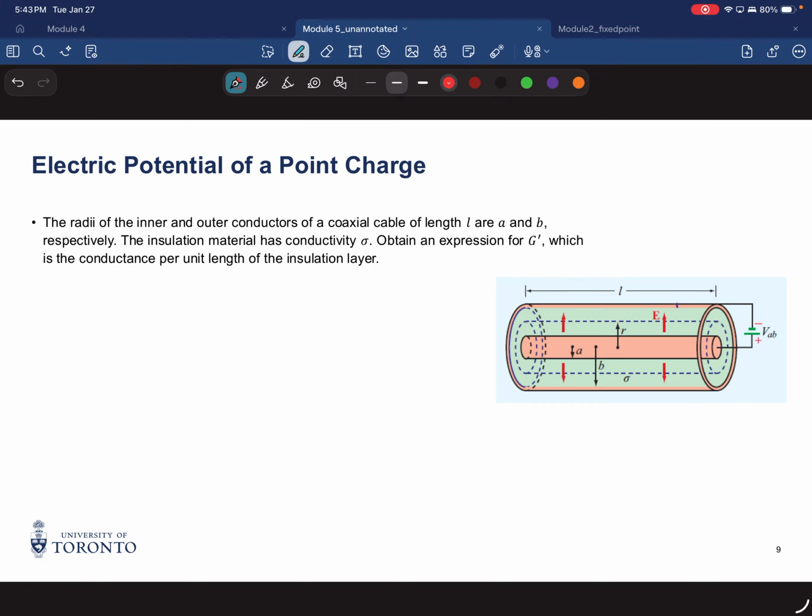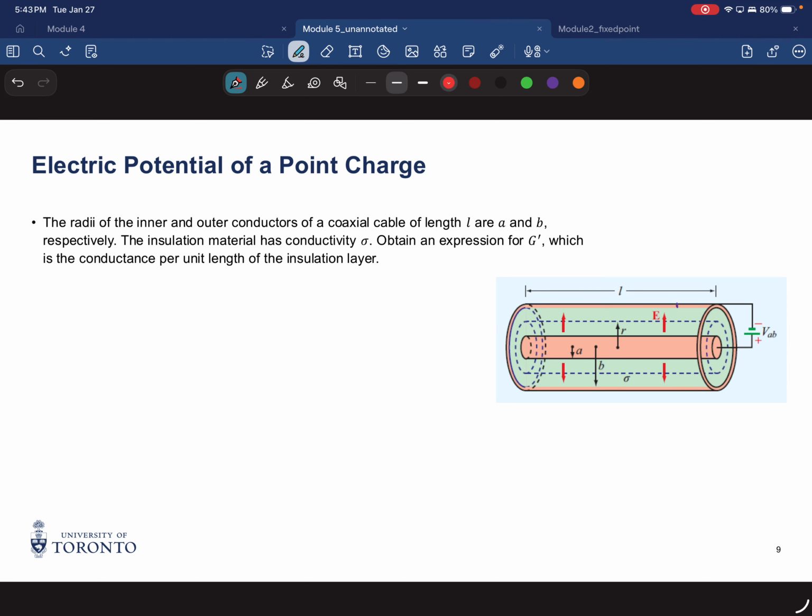So don't memorize this solution. It always depends how the voltage source is connected to the conductors. That's really what matters, because it can look the same geometry, but if the voltage difference is applied in another way, then the calculations are going to be different.